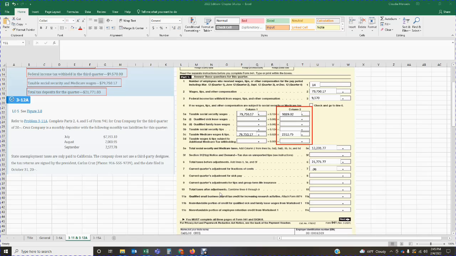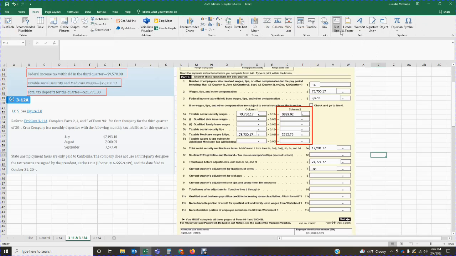Total taxes after adjustment. Okay. Now we have to figure out the total taxes after adjustment. It says to combine lines 6 through 9. So line 6 through 9. So we're going to add them, and that's going to give us our number for line item number 10. Okay. So to get that total, number 10, right here. Okay.